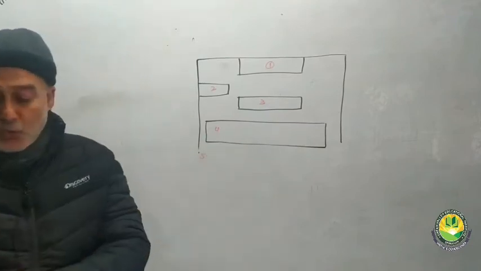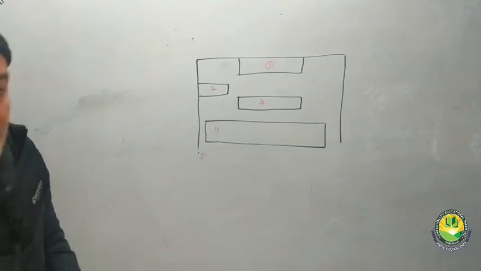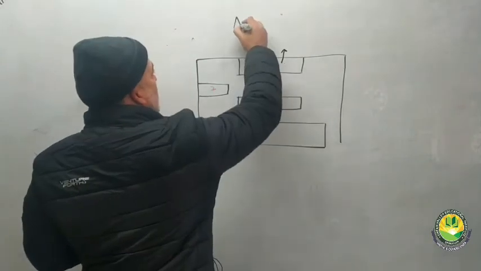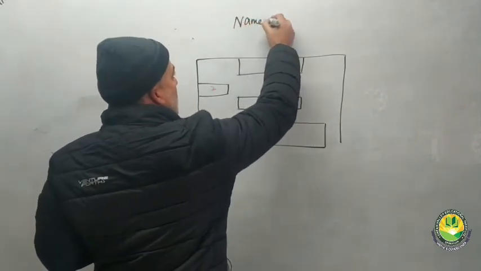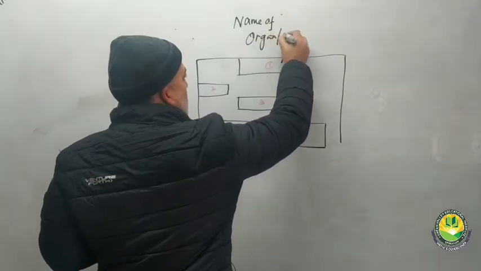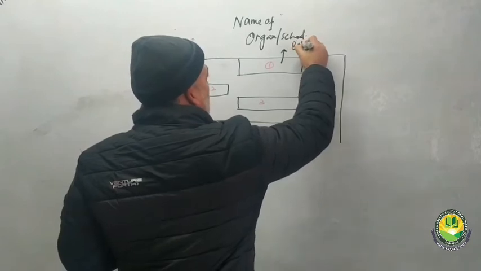Now let us discuss one by one what these sections are. In section number 1, write the name of the organization, school, etc. in bold letters.